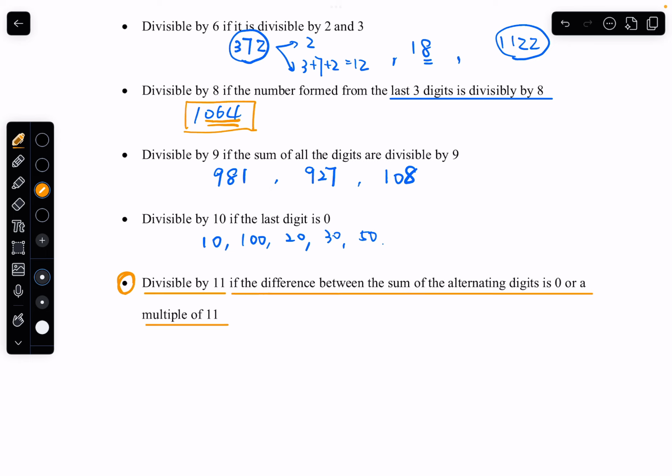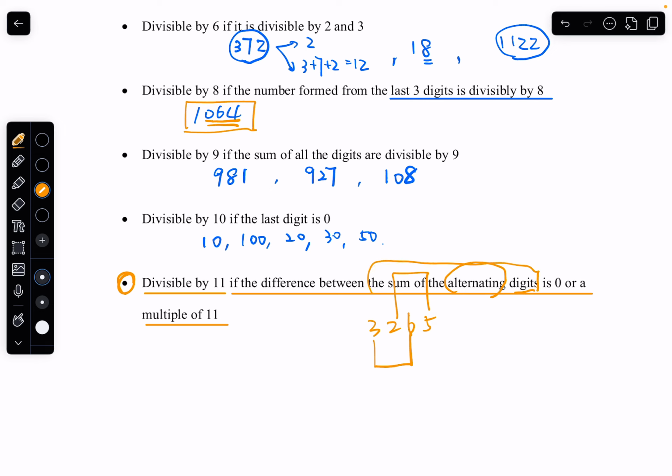What does alternating digits mean? For 3, 2, 6, 5, the 3 and 6 are alternating digits, and the 2 and 5 are alternating digits.